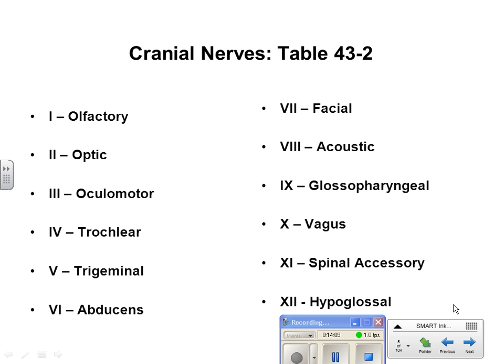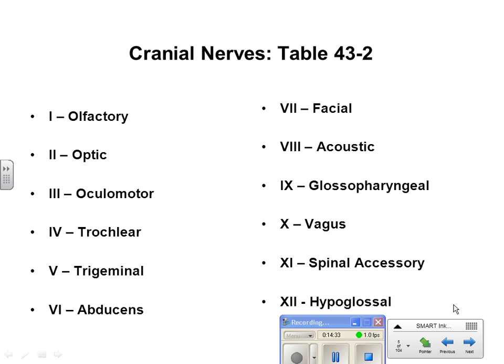But what you will need to know for the NCLEX oftentimes will be what specifically that nerve involves, whether it's sensory or motor or both. On my exams, I will give the number of the cranial nerve and the name.